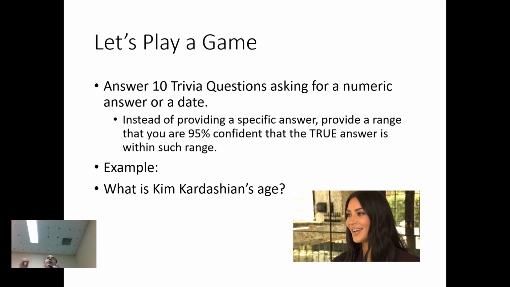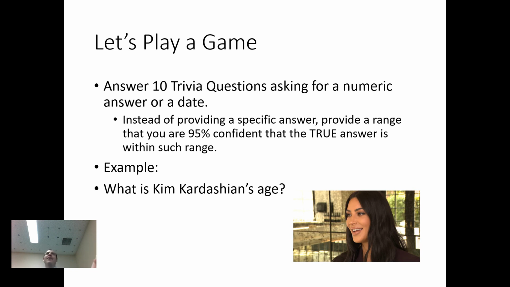If you don't know her exact age, give me a range that you're 95% confident her true age will fall within. Who wants to volunteer? One at a time. I'm going to start from my left to my right. Go ahead.